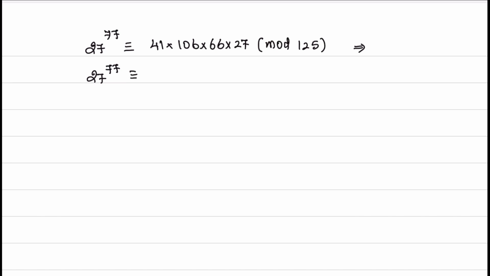You multiply all this. Let us see what happens. Multiply all these: 41 into 106 into 66 into 27.